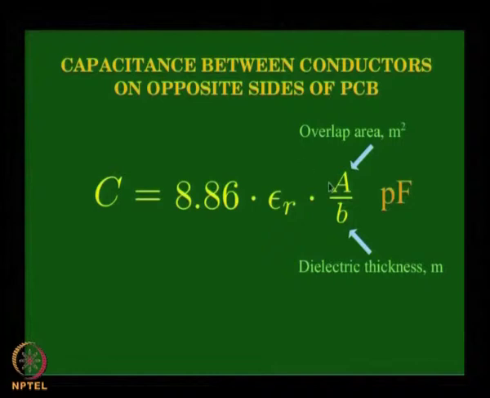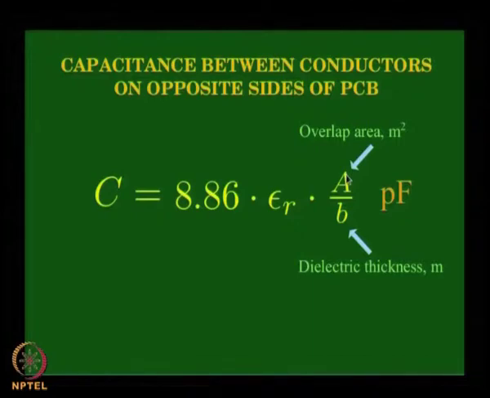The next variable here you see is A, uppercase A, overlap area in meter square. Overlap area is basically the common area between the two tracks. If you see, you have a track on the upper layer and a track on the bottom layer.